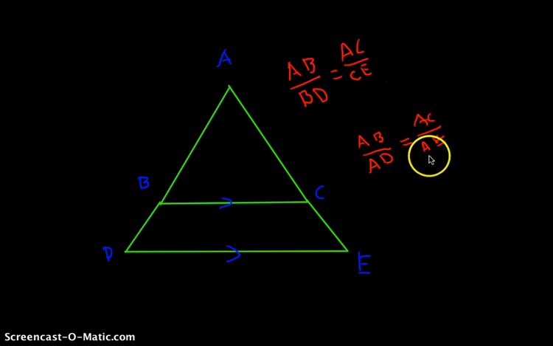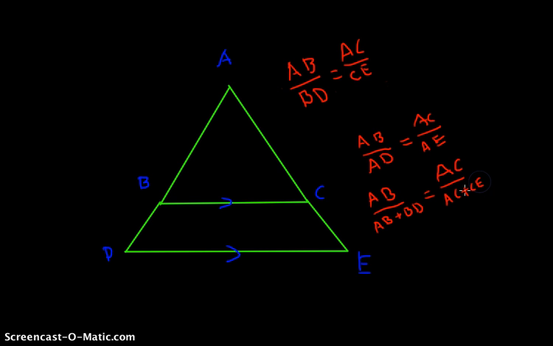And then what you're going to do here is break AD and AE up. So you go AB over AB plus BD is equal to AC over AC plus CE.